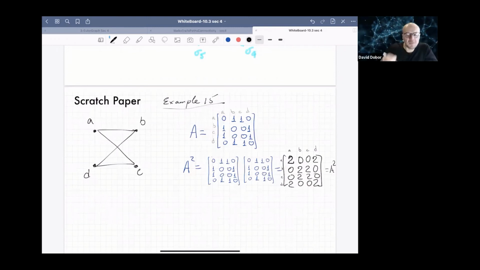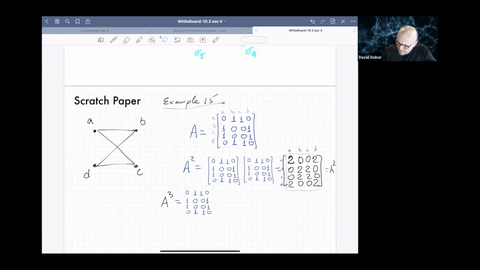Okay, since you've asked about A cubed, let's write that down. A cubed is going to be this guy multiplied by this guy, which is A squared, from either side. So this is what we have.